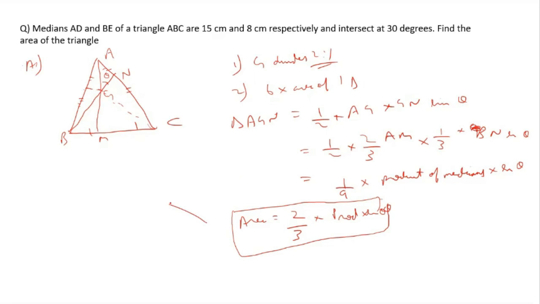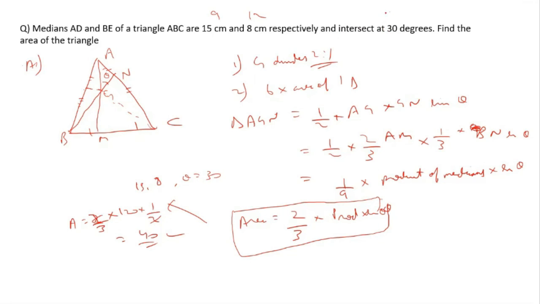So here the medians were 15 and 8, theta is 30. Area of the entire triangle will be 2/3 into product of medians, 15 into 8 is 120, into sine 30, which is half, so 40. The CAT question, probably it was 9 and 12 if I'm not wrong, mentioned that the medians were perpendicular.